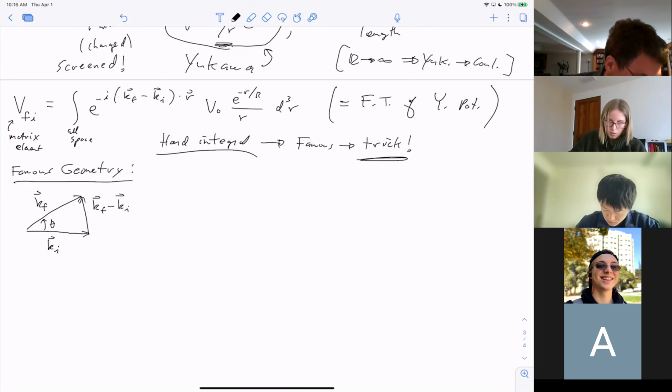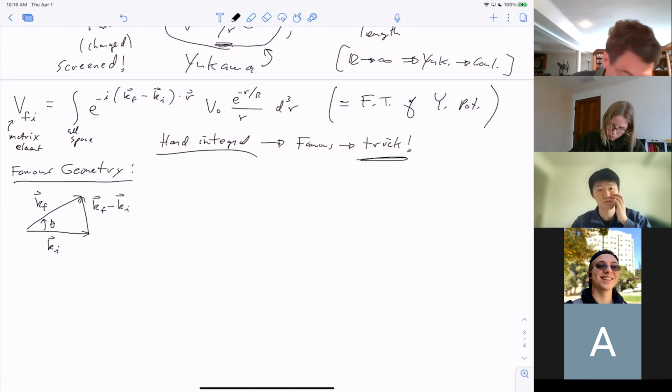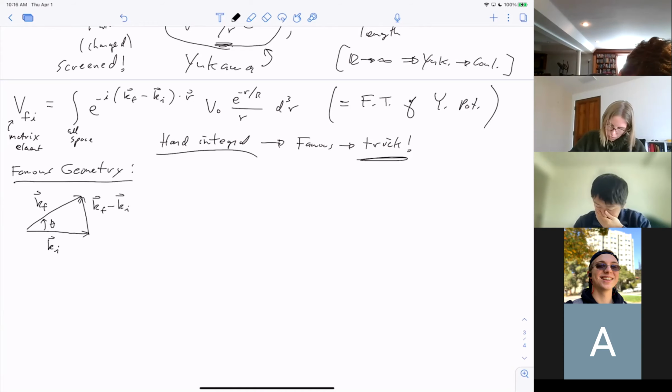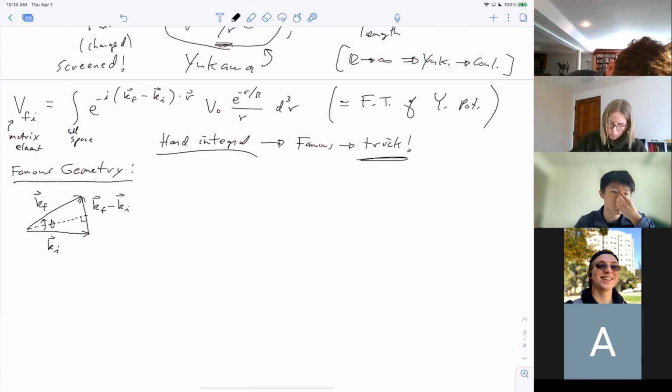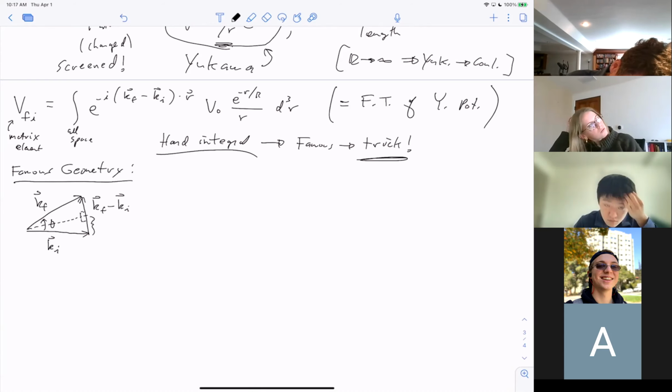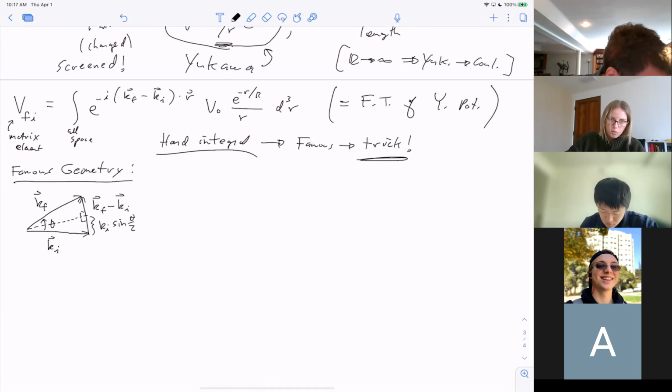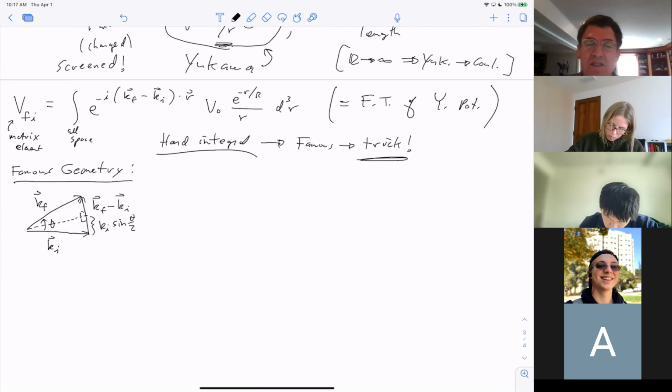And so the trick is this: draw a little line there, and do a little trigonometry. Notice that we have right angles there, and this part right here is k_i sine theta over 2. Do you see that? That's just a little bit of trigonometry, because I've just divided that triangle in half.